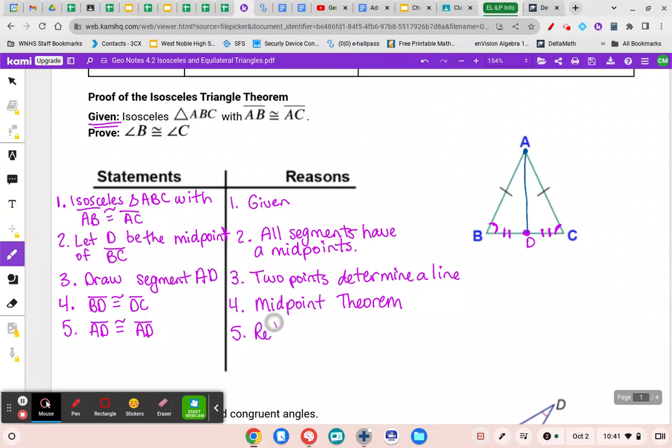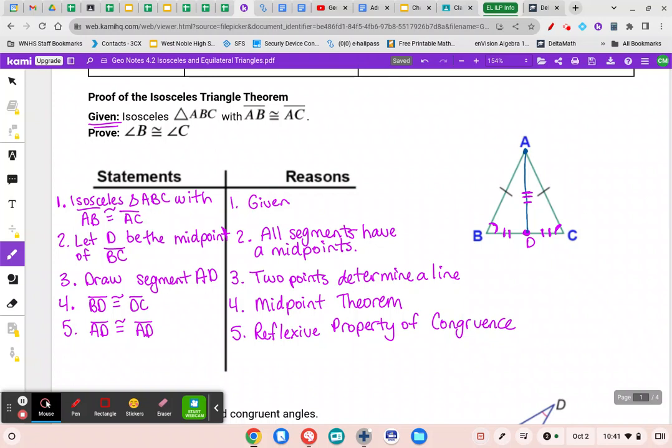This is our reflexive property when you state that something is congruent to itself. So we have the reflexive property of congruence. This segment is congruent to itself. We need to state that.